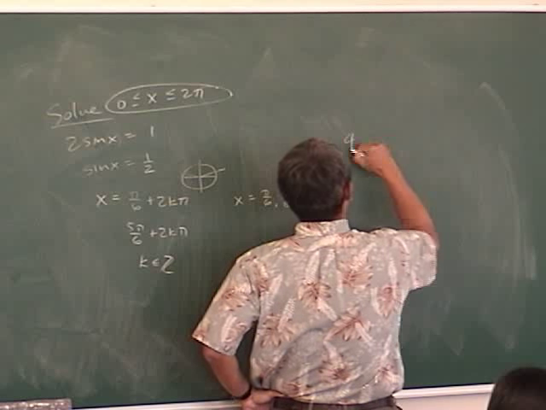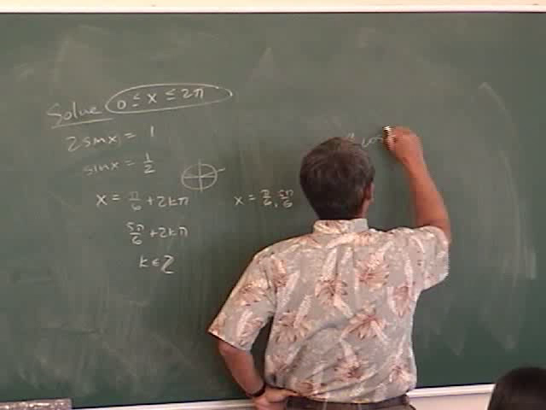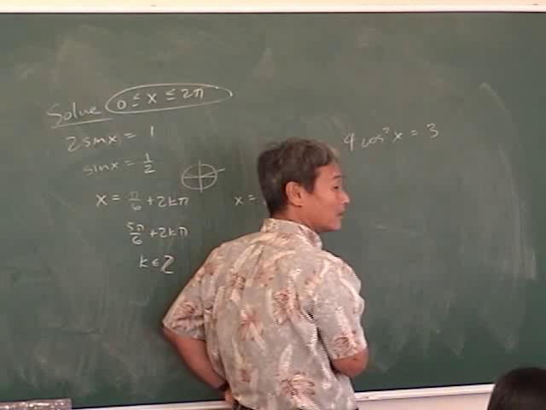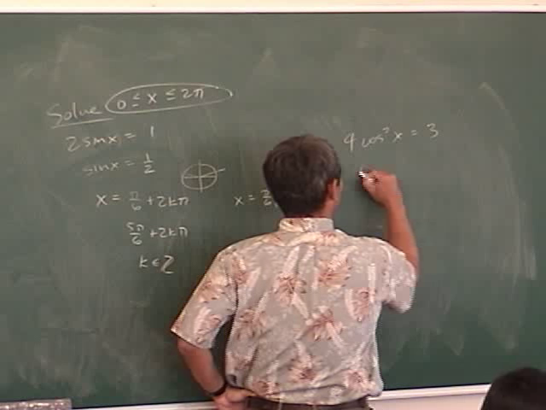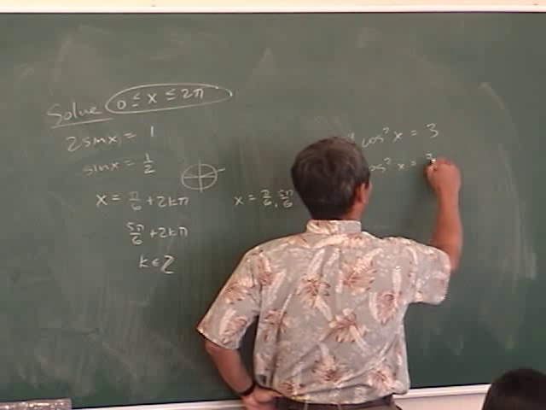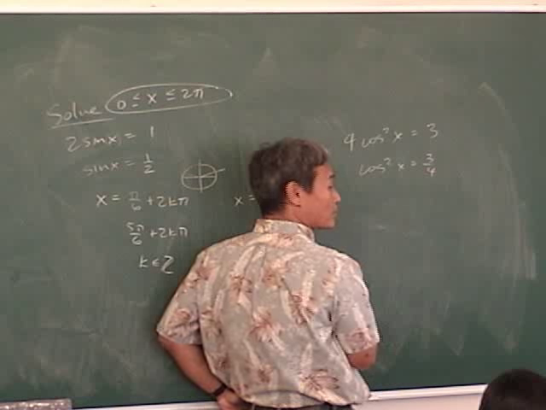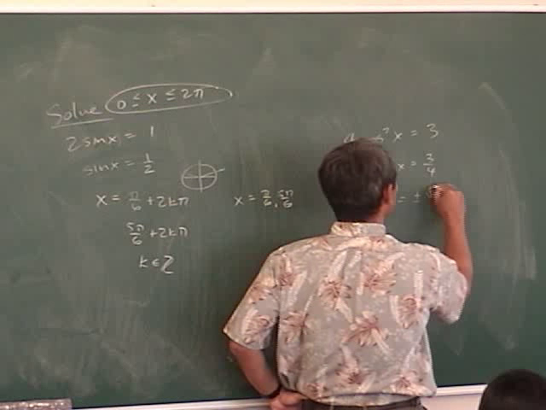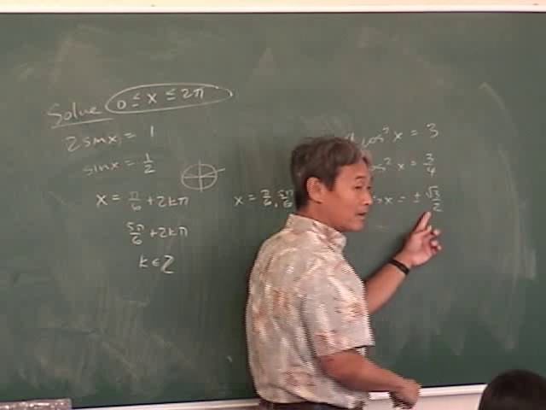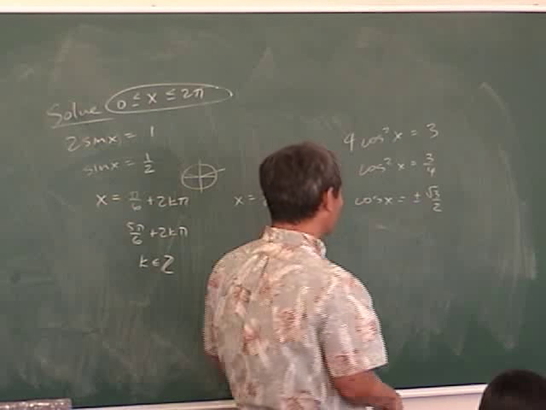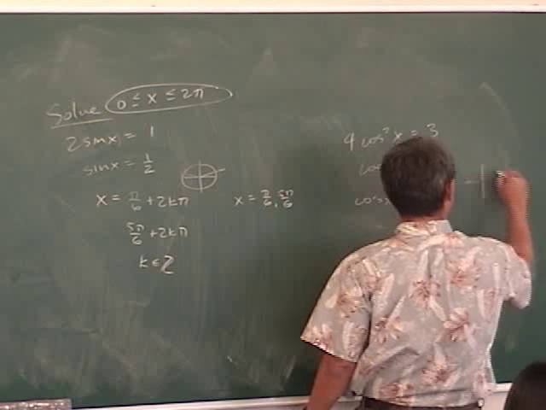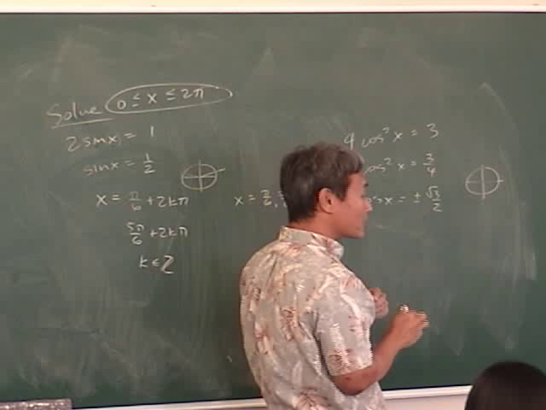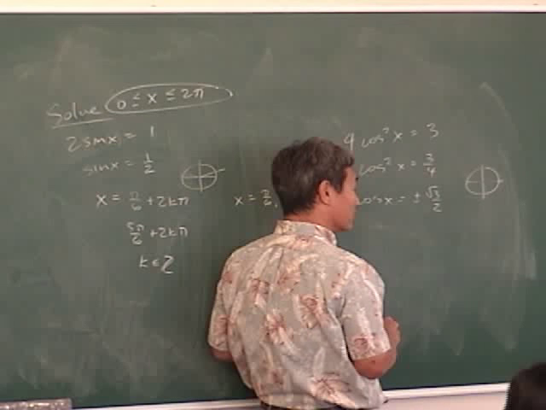Okay, let's do another one. 4 cosine squared x equals 3. First step, divide by 4. Second step, square root both sides. Cosine x equals plus or minus root 3 over 2. That's a number I'm supposed to know. So what you should be thinking is, where on the unit circle is the x coordinate plus or minus root 3 over 2?